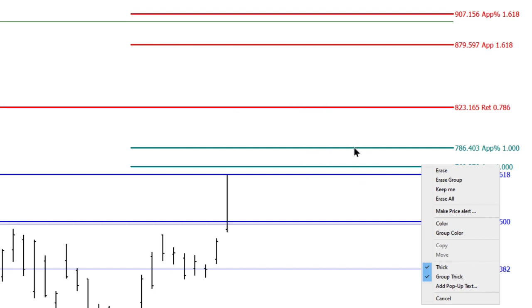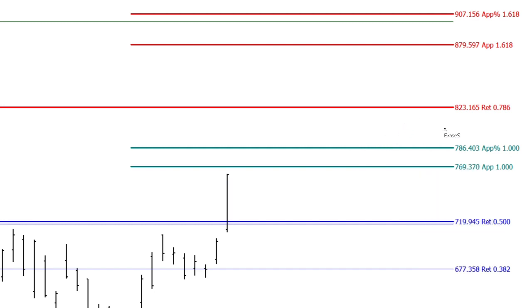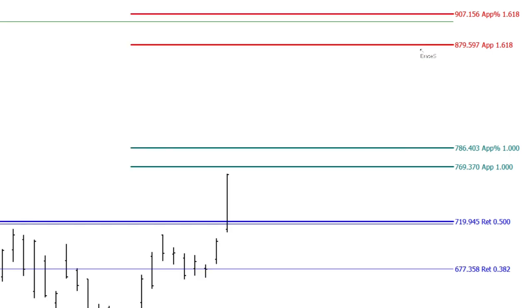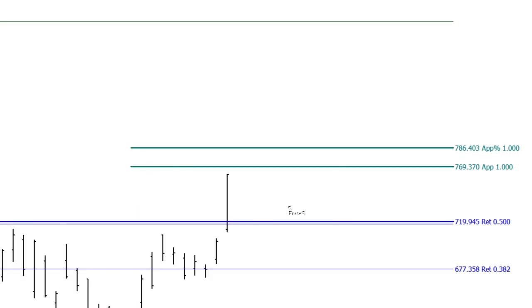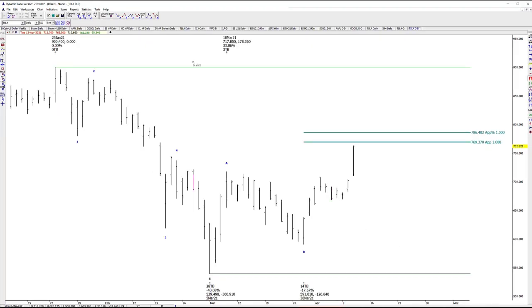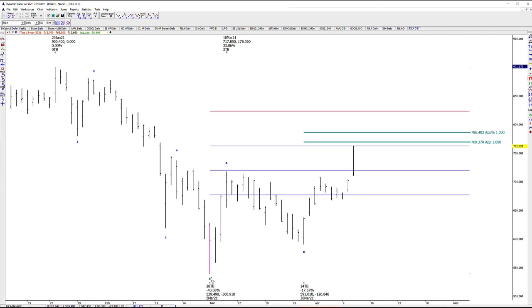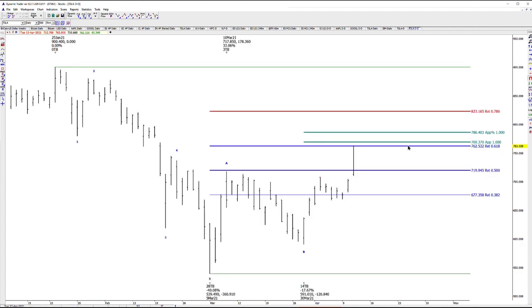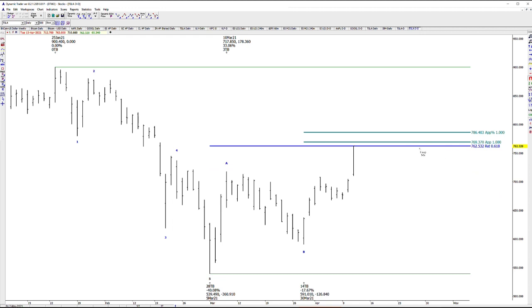If we continued above this area, I'd keep it on. But right now, I'm going to clean the chart up and just erase that. I'm going to erase the ones all the way up here. They're obviously beyond, and it looks like I erased the 62. So let me do that one more time. Apologize for that. There we go. We'll keep just the 62.